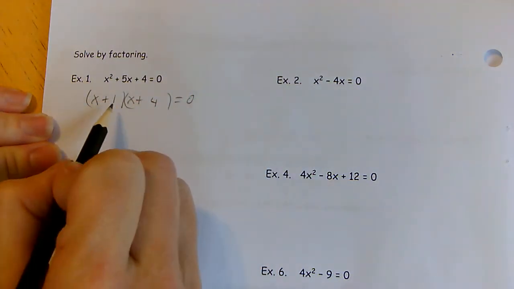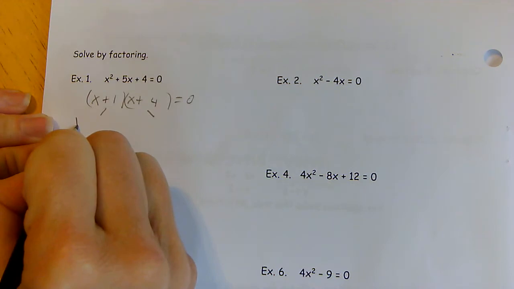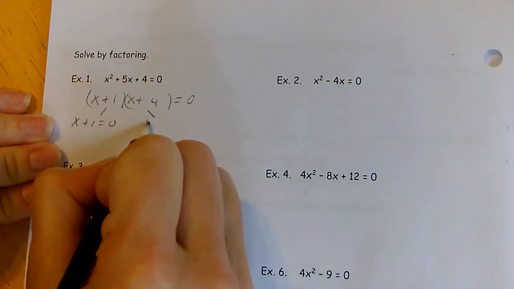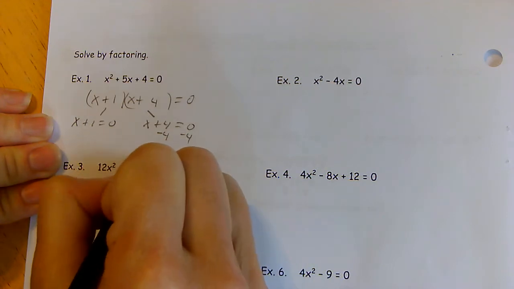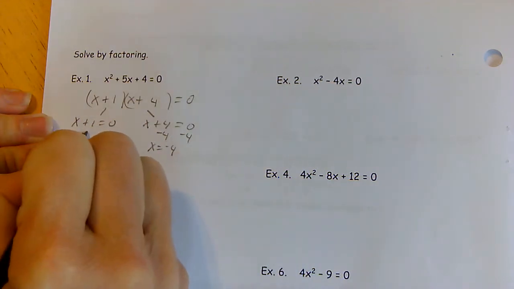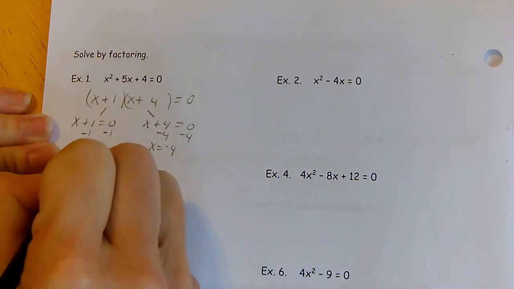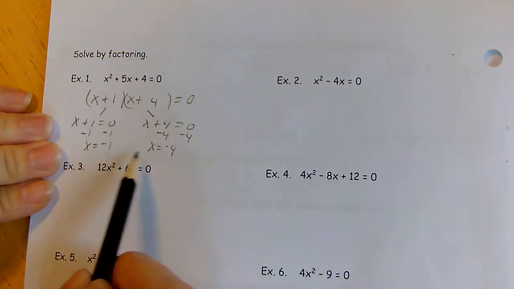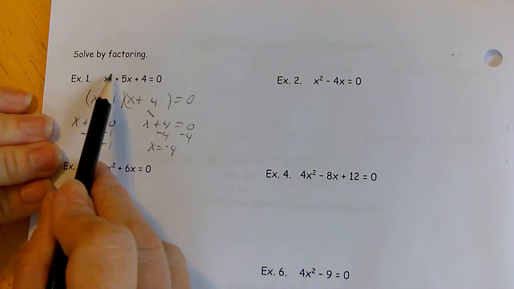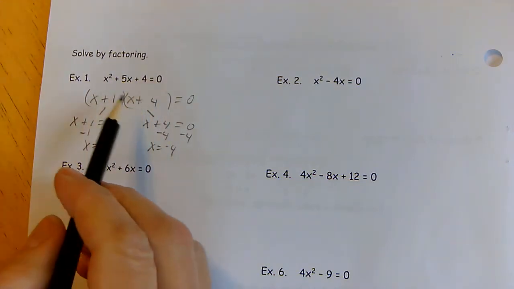So I'm factoring like we have been. Now we just take it this one extra step and get our solutions. So my two solutions are negative 1 and negative 4. If I plugged in either one of these for x, it would come out to 0.